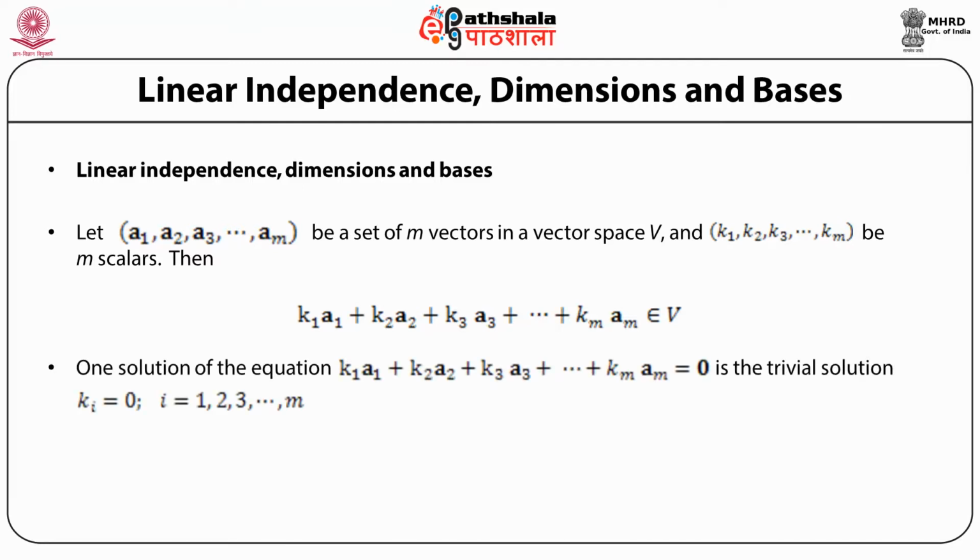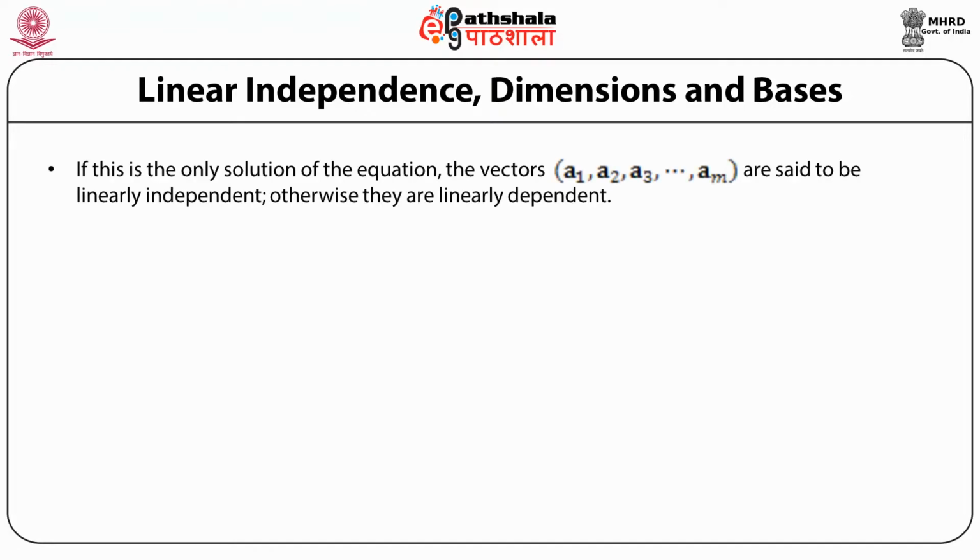Then k1 a1 plus k2 a2 plus k3 a3 till km am belongs to V. One solution of the equation k1 a1 plus k2 a2 plus k3 a3 plus so on till km am equals 0 is the trivial solution ki equals 0 for i taking the values 1, 2, 3 and so on till m. If this is the only solution of the equation, then the vectors a1, a2, a3 until am are said to be linearly independent. Otherwise, they are linearly dependent.